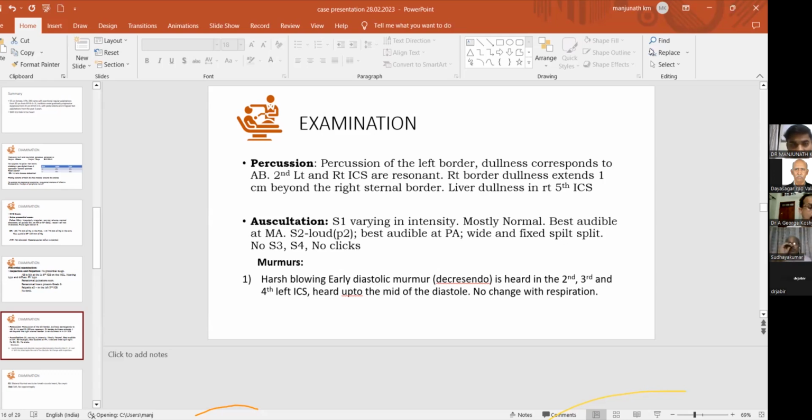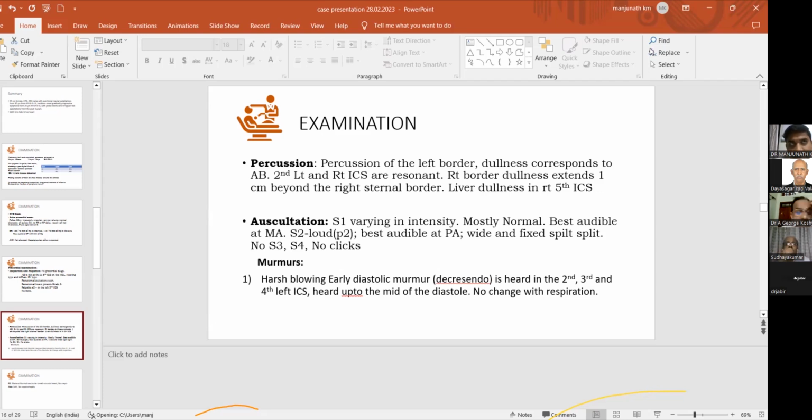Murmurs. I had one murmur, that is a harsh blowing early diastolic murmur, which is heard in the second, third, and fourth left intercostal space, heard up to the mid of the diastole, and is not changing with respiration. No ejection click. So what do you think is the cause of the early diastolic murmur? Sir, by considering all these findings, it can be pulmonary regurgitation.